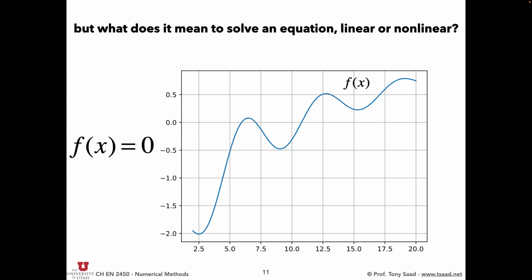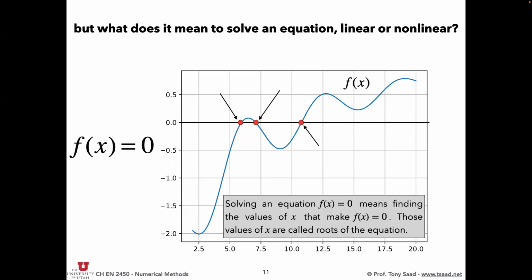If you call this f of x, and if you draw the line y equals 0, remember this blue line is y equals f of x, and the black line here is y equals 0 for any x. Then f of x equals 0 means finding those points in red, the intersection of the curve y equals f of x and the line, or the curves in general, y equals 0.